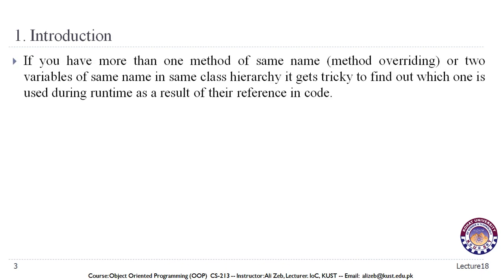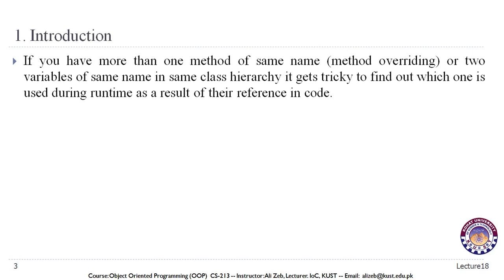If you have more than one method of the same name, for example when we are using method overriding, or two variables of the same name in the same class hierarchy, in classes related by inheritance, it gets tricky to find out which one is used during runtime as a result of their reference in code.